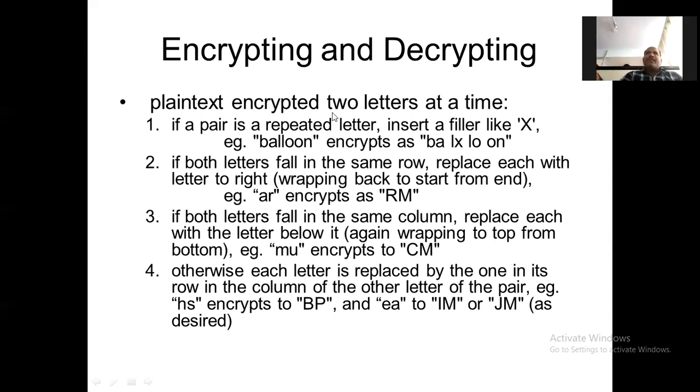This is your first work, and the second work is that we have to take the input plain text and separate it into two-letter pairs. After that we are going to start with the encryption: in the same row, again the same column, and again in different rows and different columns, so that you will get the ciphertext here.